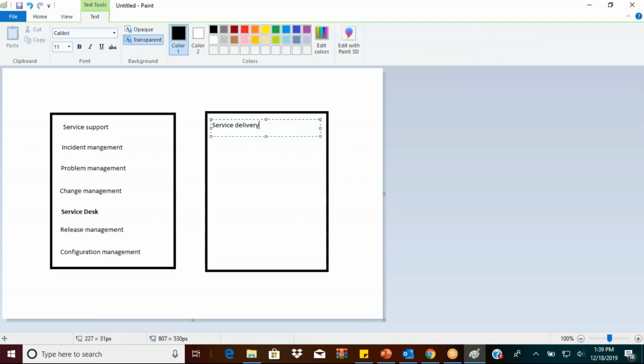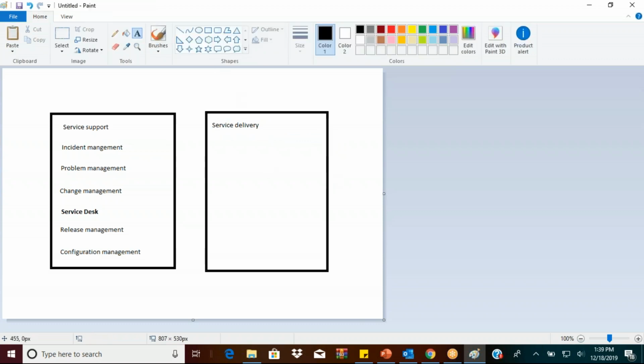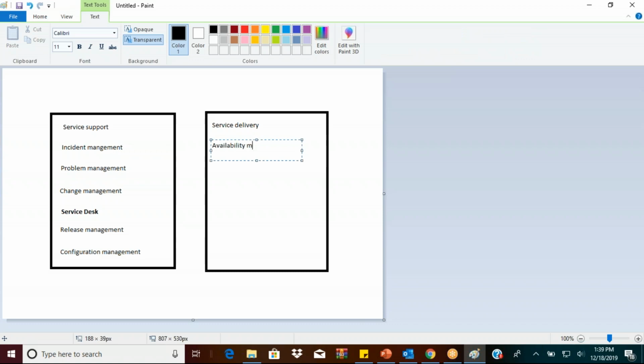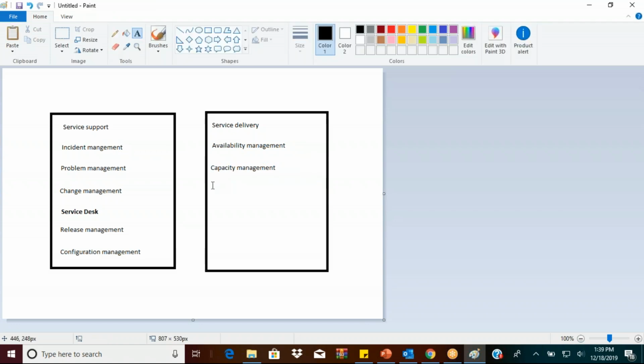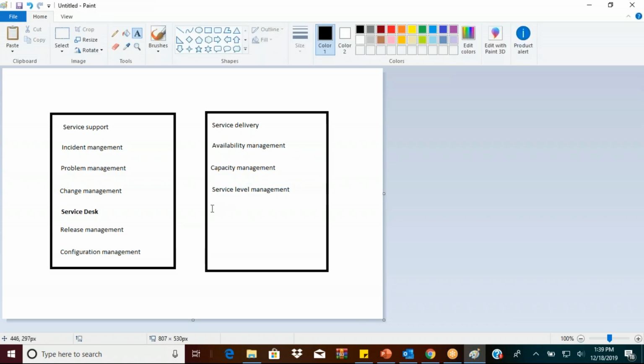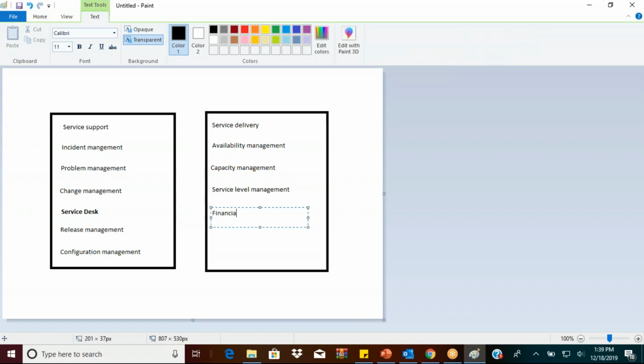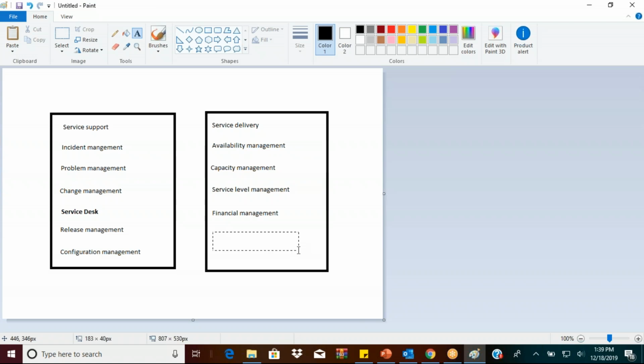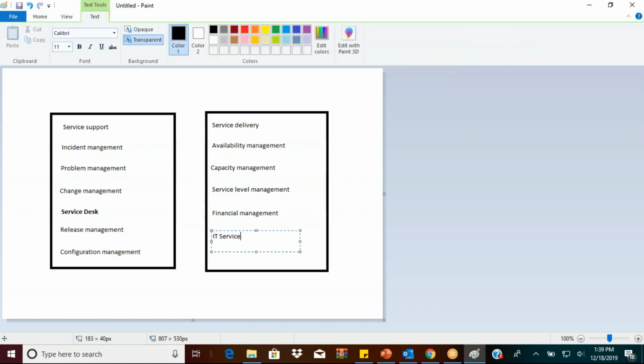And then there was another one called service delivery, which had processes like availability management, and then capacity management, and then we had service level management, and then we had financial management, and then we had IT service continuity management.